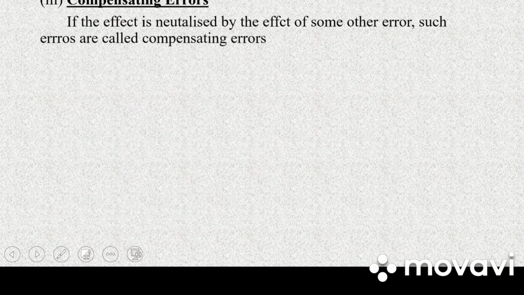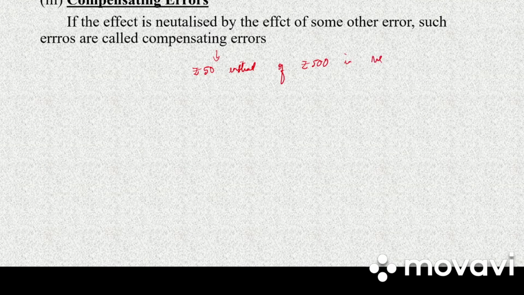Next we have compensating errors. If the effect is neutralized by the effect of some other error, such error is known as compensating error. Say for example, if we have posted 50 rupees instead of rupees 500 in Mr. X's account, and we have posted rupees 500 instead of rupees 50 in Mr. Y's account.